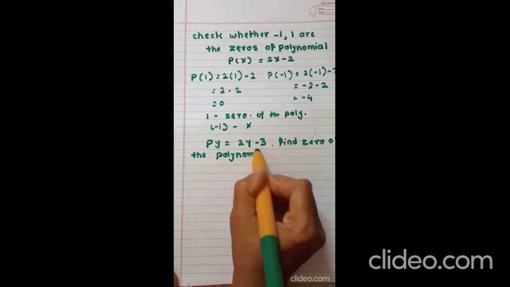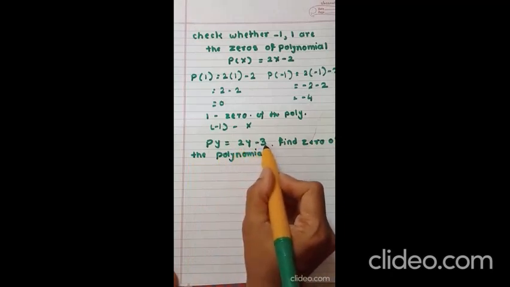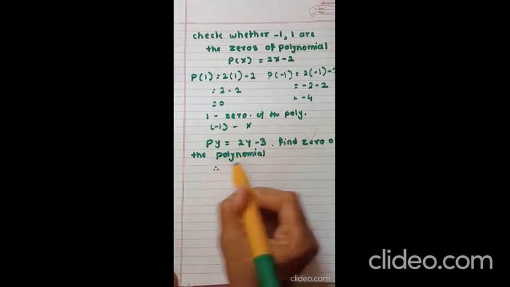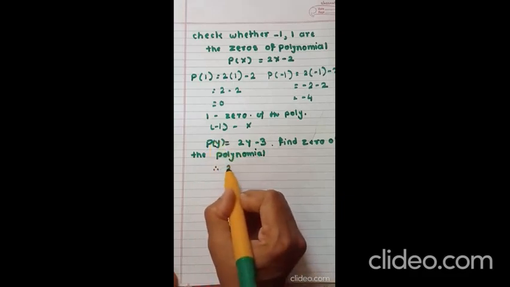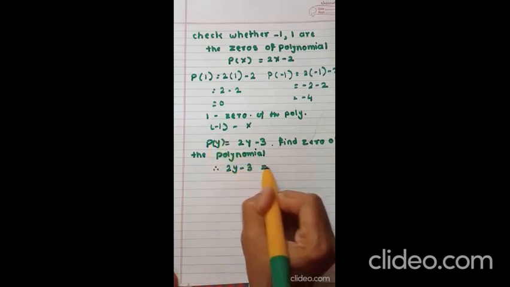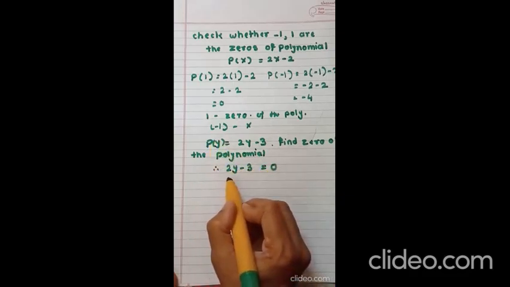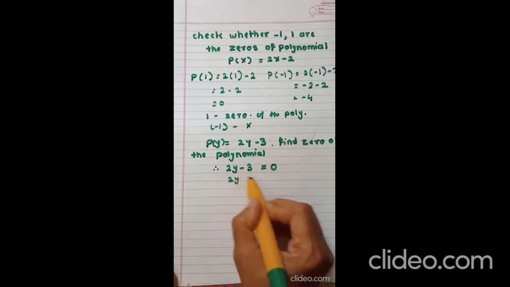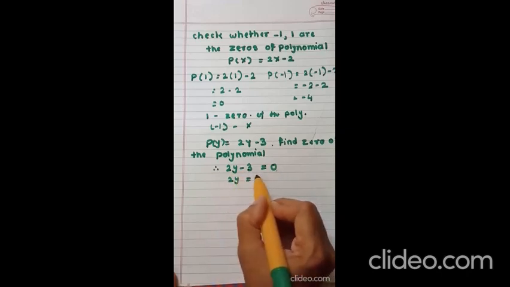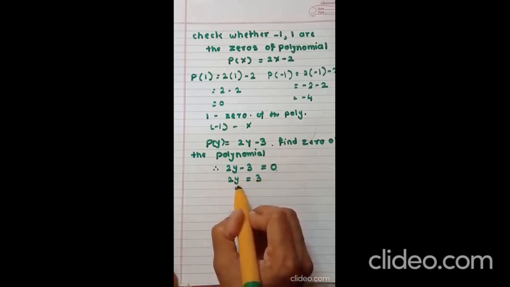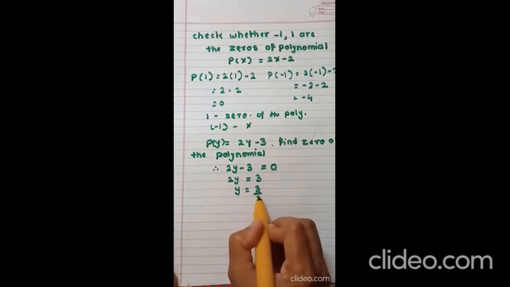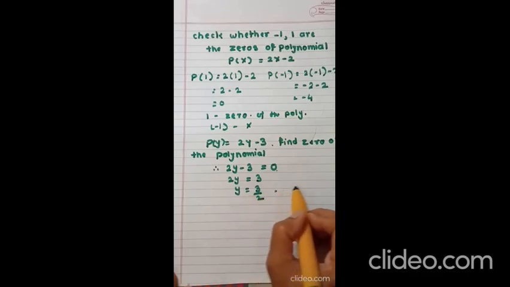What we'll do? Simply equate the polynomial with 0. So 2y minus 3 equal to 0. So taking 3 to the right side, 2y is equal to 3 and you get y is equal to 3 upon 2. So the 0 of the polynomial is 3 upon 2.